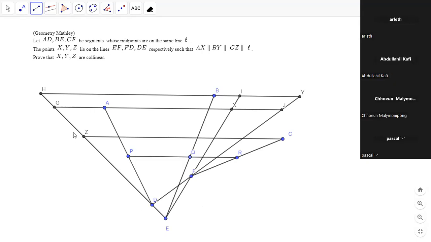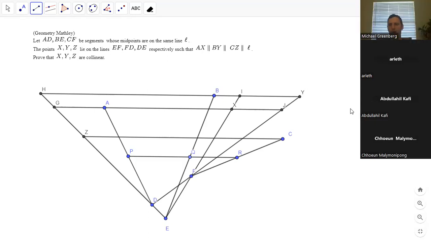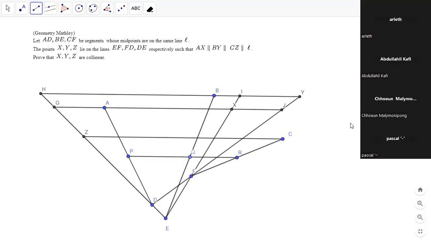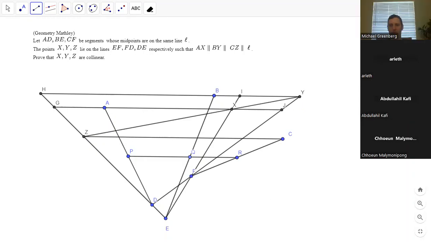Is it like ED over EX times, looks like Khan had hop off, or maybe he got disconnected. But is it like ED over EX times EF over XF? I don't know exactly what the formula is that would make those collinear. But yeah.